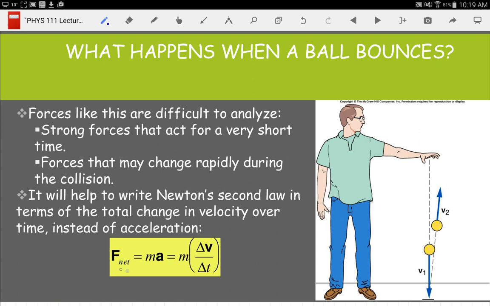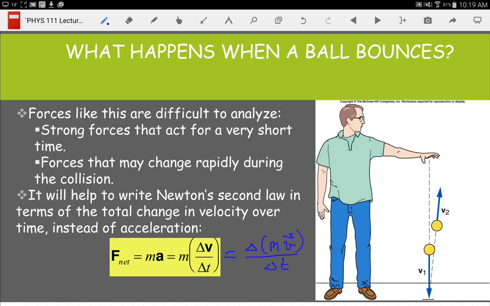Newton's second law says that the net force is mass times acceleration. But of course, acceleration is change in velocity divided by change in time. So I can rewrite this as if the mass is constant, the change in mass times velocity over change in time. But what is the mass times velocity from the previous page? Momentum. And so Newton's second law, and this is actually the correct form of Newton's second law.